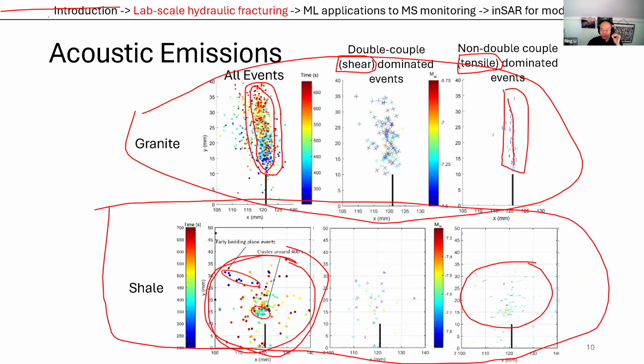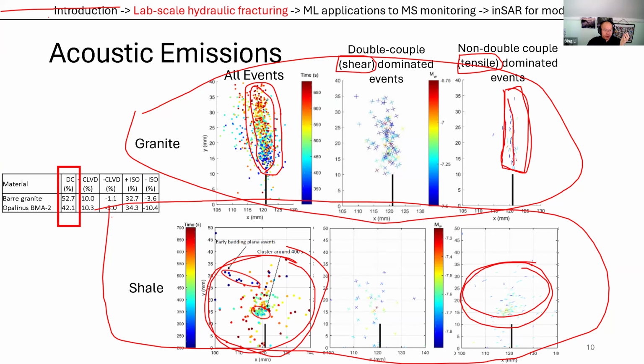That is to say, if we're thinking about this cloud of microseismicity, it appears, at least for this case where we're fracturing through intact material, the events are much more closely tied to the eventual location of fracture itself in granite compared to what we see in shale.